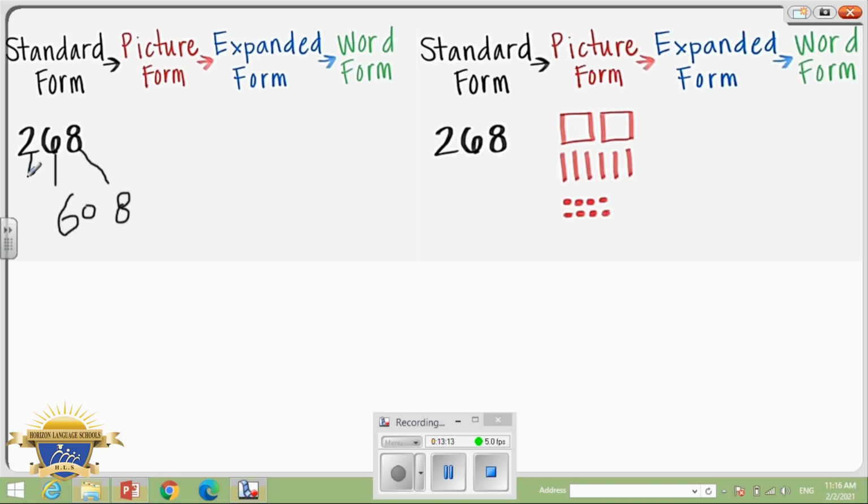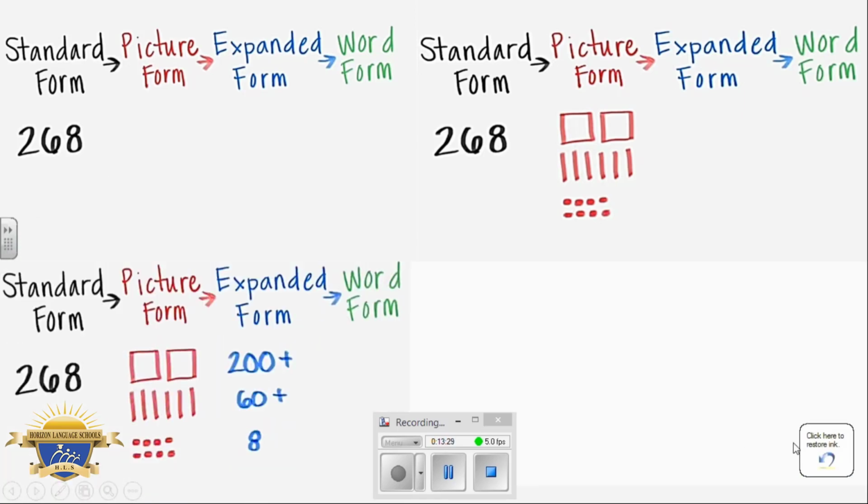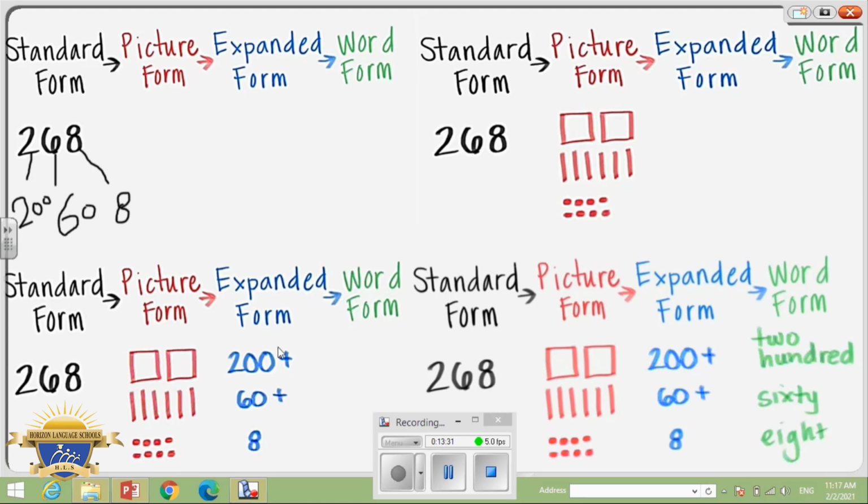And the value of 2 in the hundreds place, the number and 2 zeros, so it's going to be 2 hundreds, right? Okay, so it's 2 hundreds plus 60 plus 8.